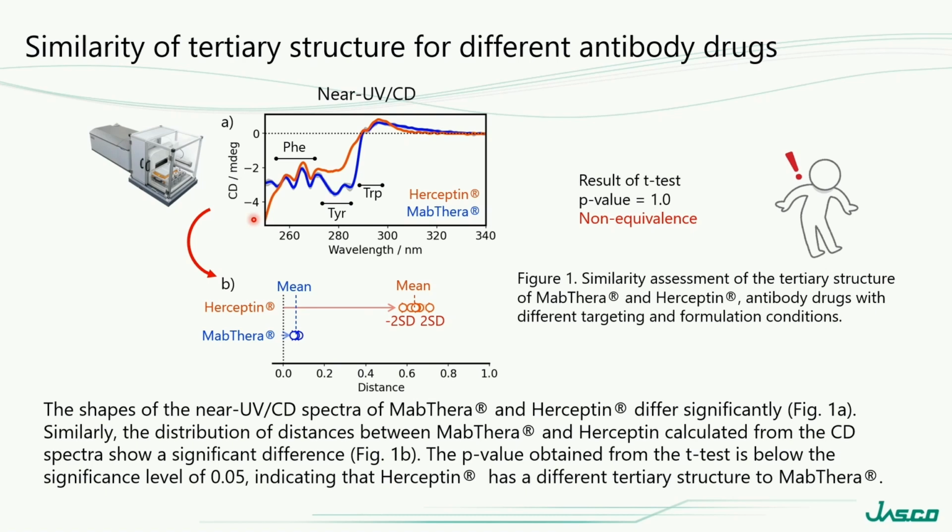Although the difference between the antibody drugs is not large, the shapes of the near UV-CD spectra differ dramatically. Similarly, the distribution of distances shows significant differences, and the p-value from the TOST shows 1.0. So there is no equivalence.